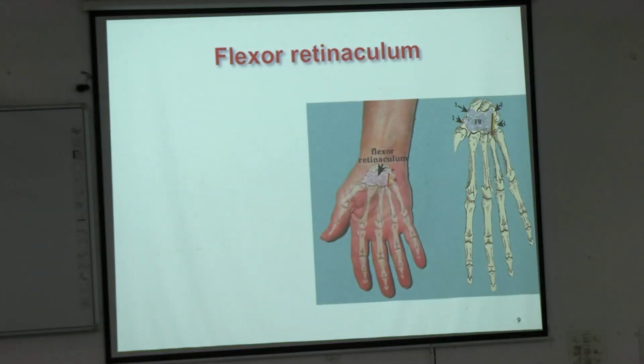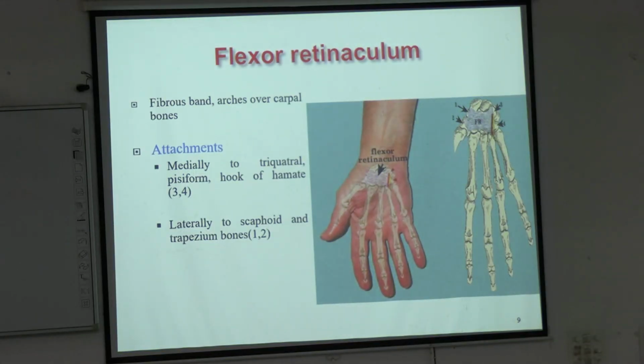So these are the different carpal bones present on the medial side and the lateral side. On the medial side, numbers 3 and 4, it extends between the pisiform and the hook of the hamate. And on the lateral side it extends between the scaphoid and the trapezium bone.